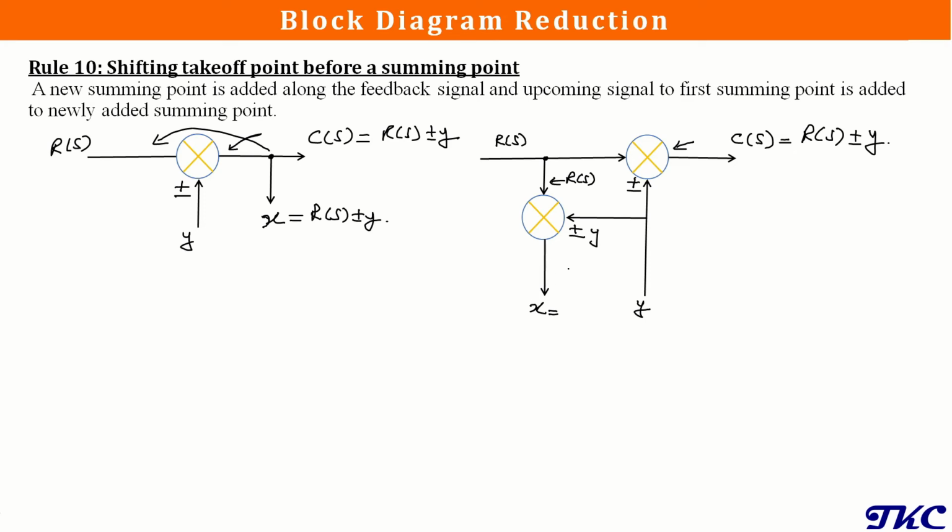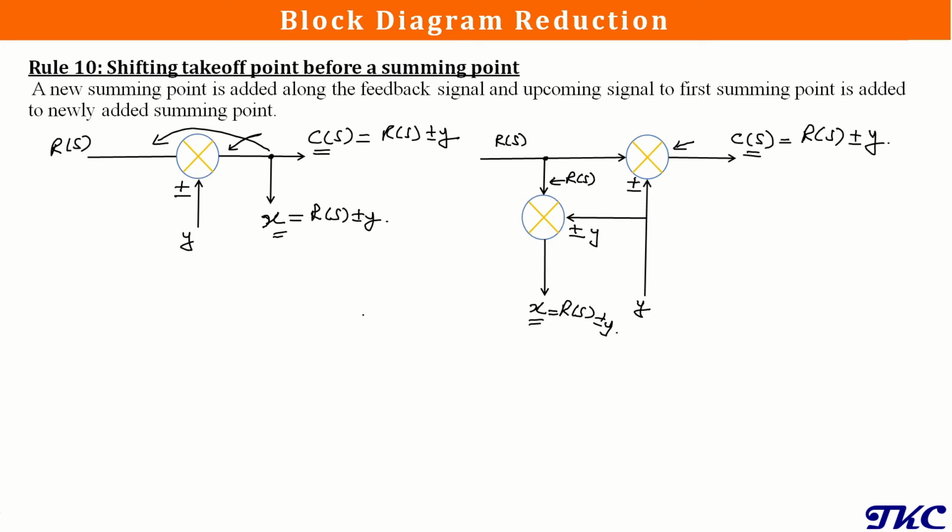So to get X, we add these two signals, and we will have R(s) plus or minus Y. So here we can see that both X and the output are the same. This proves rule number 10.